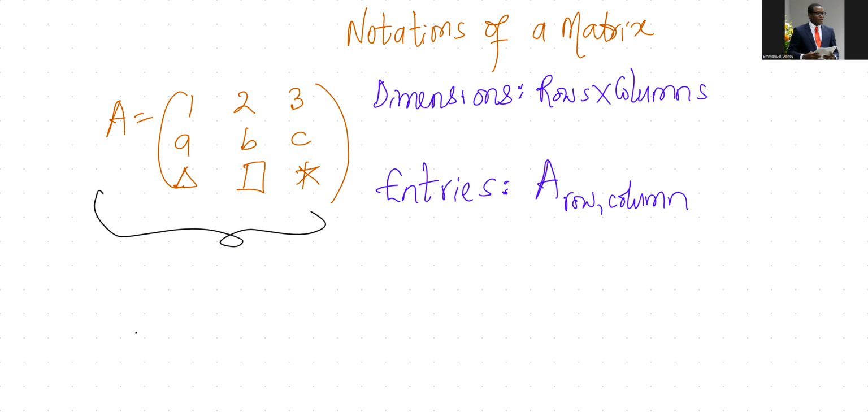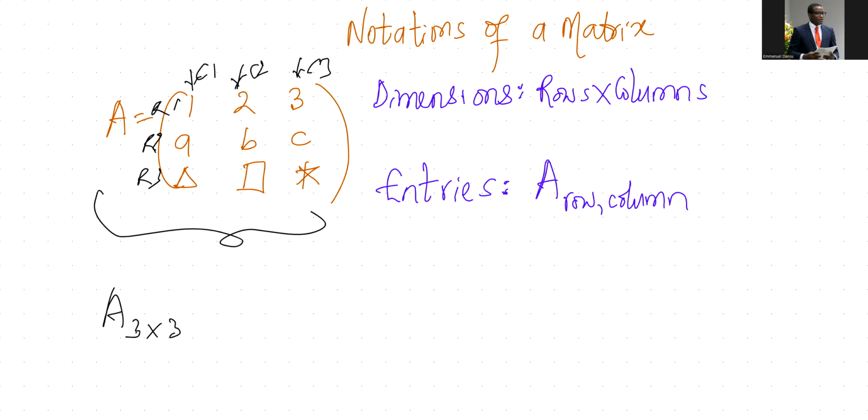Because matrix A has 3 rows, row 1, row 2, and row 3, you say 3 by, then it also has 3 columns, column 1, column 2, and column 3. As a result of that, you can say A is a 3 by 3 matrix.